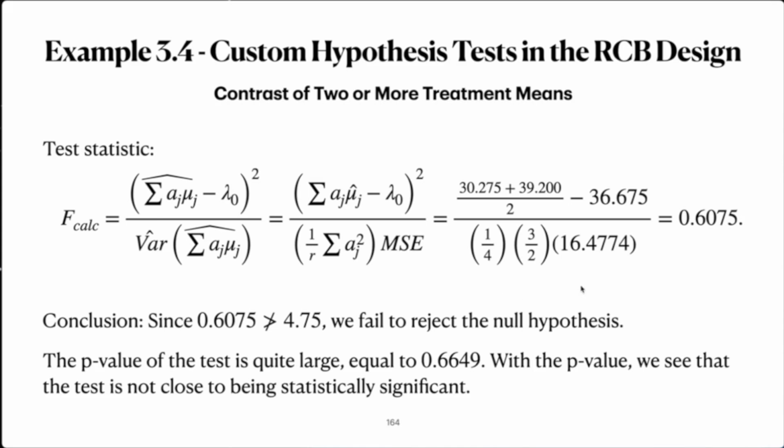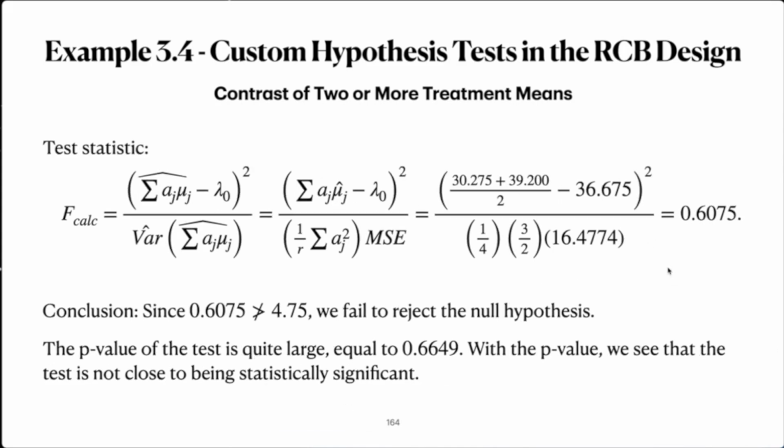The numerator of F calc is the square of the difference of the estimate of the arithmetic average of treatment means 3 and 4, so 30.275 plus 39.2 all over 2, minus the estimate of treatment mean 1, 36.675, divided by the estimated variance of this linear combination.